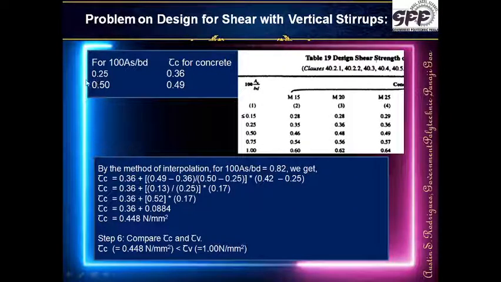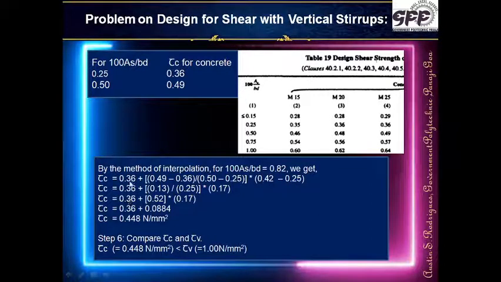We are interested in knowing the value for 0.42. So tau C is equal to the smaller value plus the difference between these two, that is bigger minus smaller, divided by the difference between these two, that is bigger minus smaller, multiplied by 0.42 minus the small one.